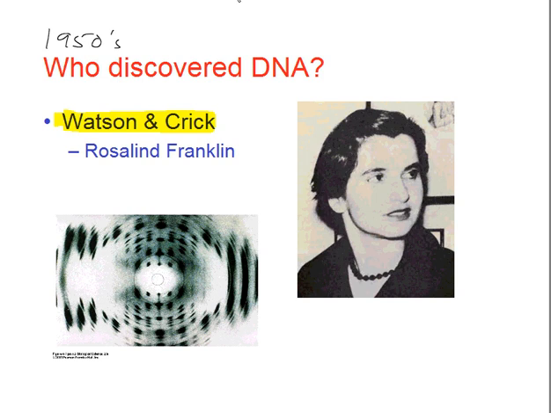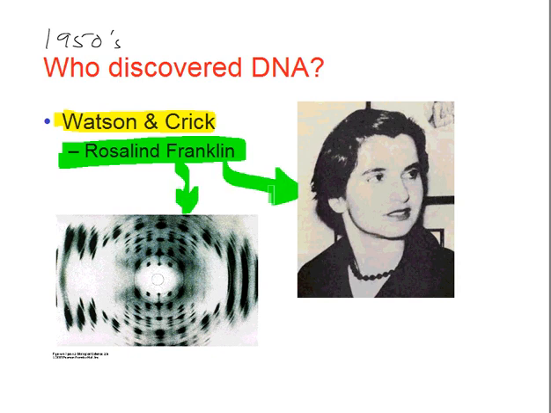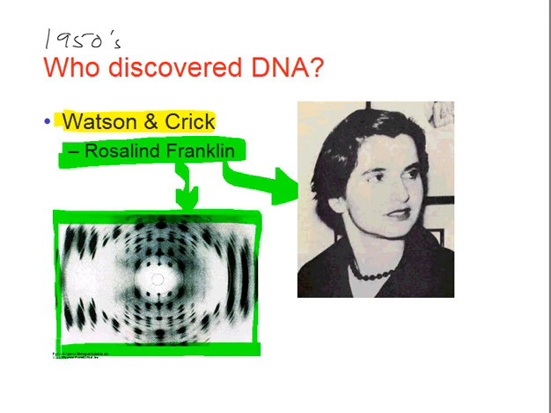Sadly, part of their endeavors to figure out the structure of DNA involved using Rosalind Franklin's research without her permission. They found this picture you see below, which is basically an X-ray crystallography picture of DNA.